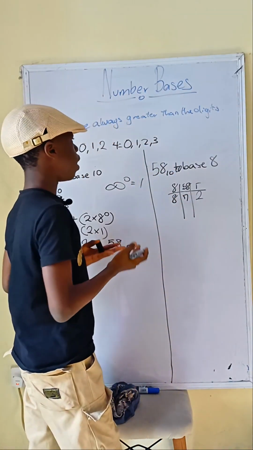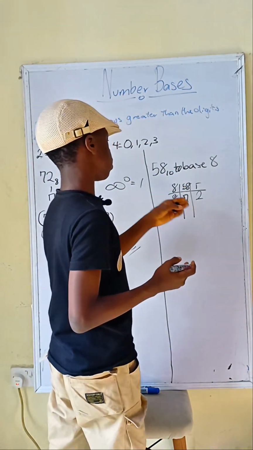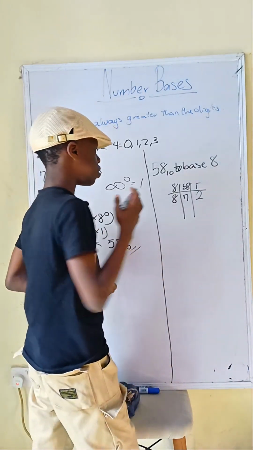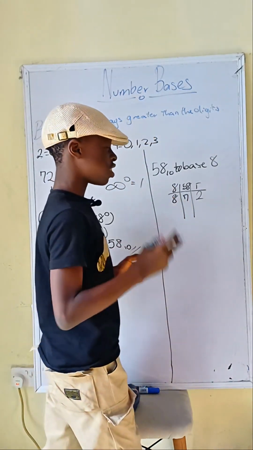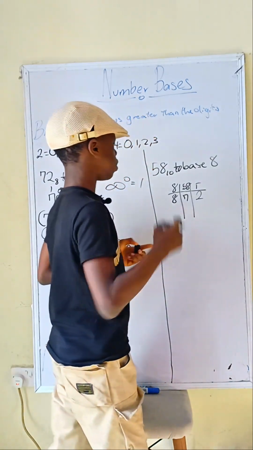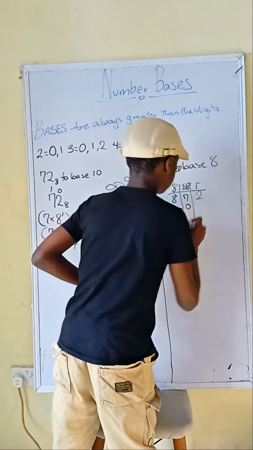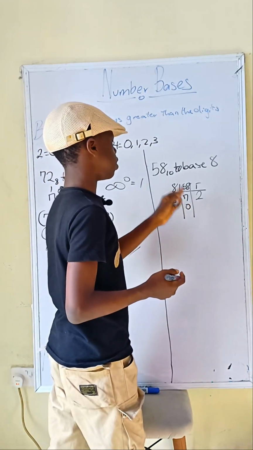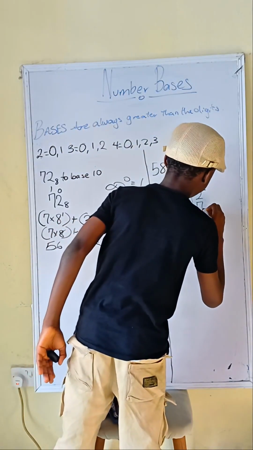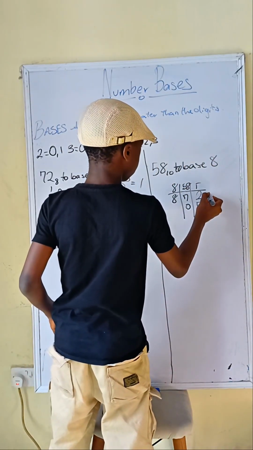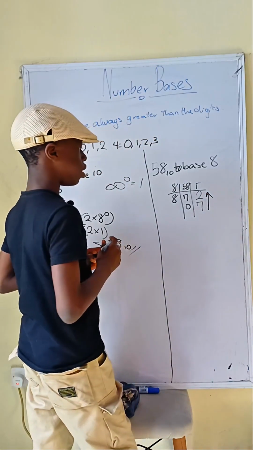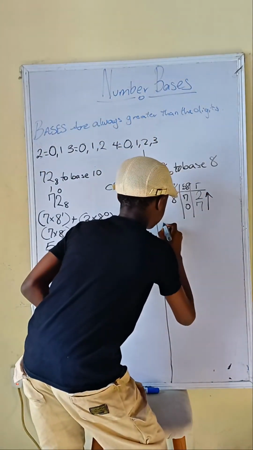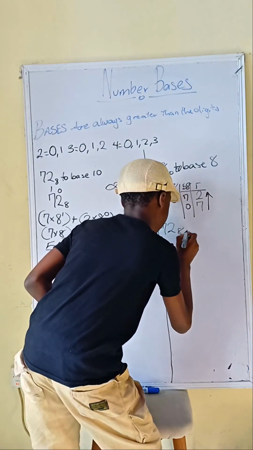So, when we see this, as I've already told you, 8 cannot divide 7 since 8 is greater. So, we write 0, and since nothing affected the 7, we write it here. So, we count it up like we did the last time, and it's 72 base 8.